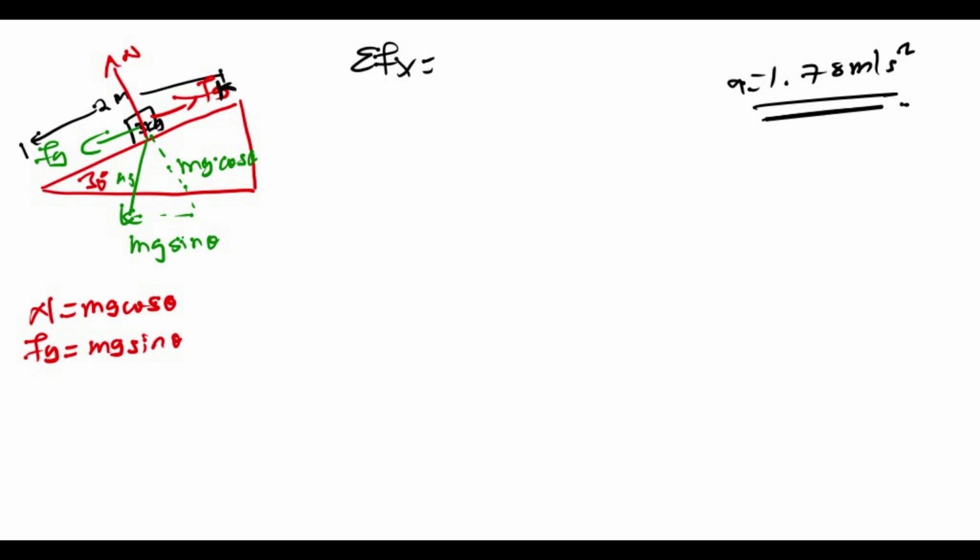The object is moving in this direction, so where the object is moving to, that is positive. So Fg minus that.